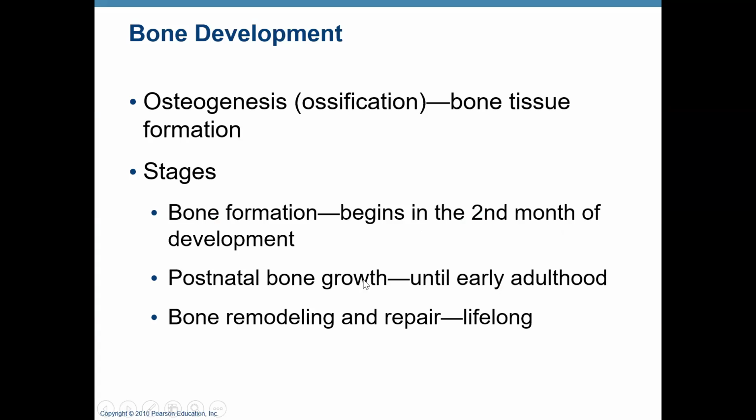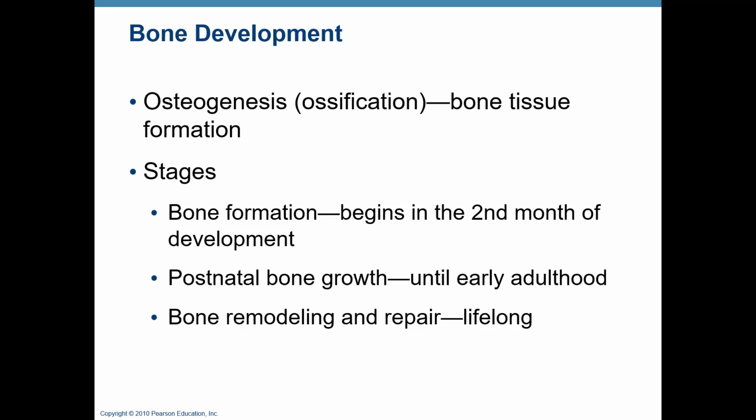After birth, most of the skeletal system is already bone, but there are areas within the bone where it's still hyaline cartilage. So you'll still grow in length as long as that hyaline cartilage within the bone is still living. And once those cells of hyaline cartilage are dead, you can no longer grow in length.